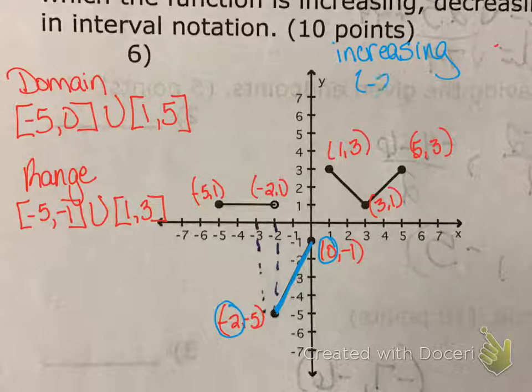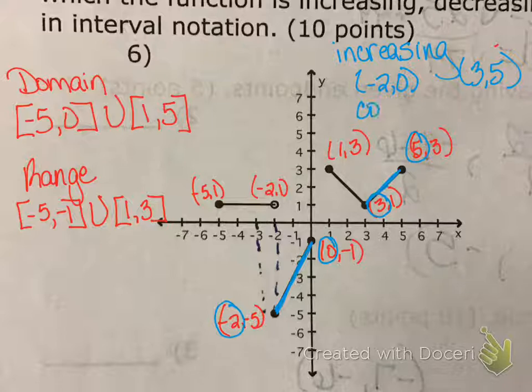So I have -2 and 0. Okay? And for increasing, decreasing, and constant, we typically use parentheses. Here is another increasing right here. So I'm looking at my x values, 3 and 5. You don't have to put the union right there. If you did, I would still count it correct. It's okay if you did or you didn't for increasing.